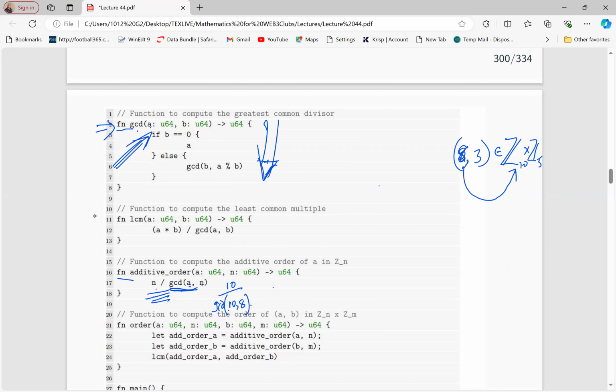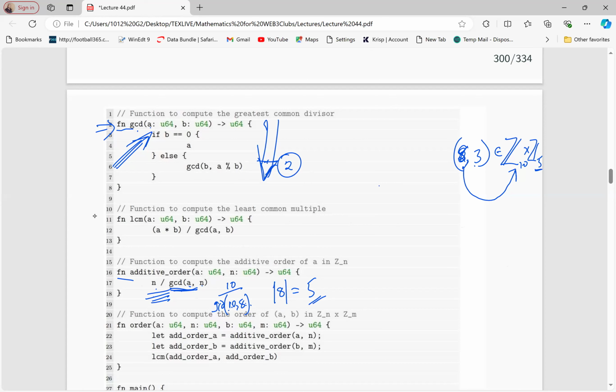Let me say, for instance, here the GCD is 2. So the order of 8 here will be 5. This one gets the GCD as 2, and then this one takes that GCD, puts it here, and the order will be 5. Now what about the order of 3 here?